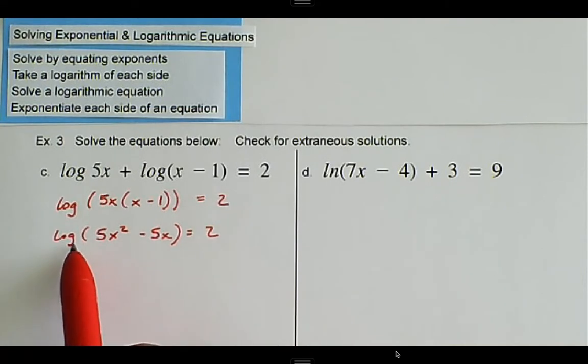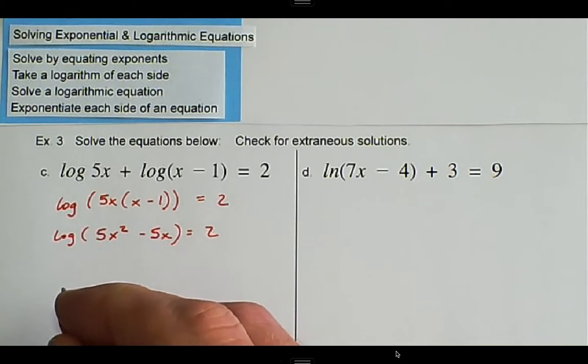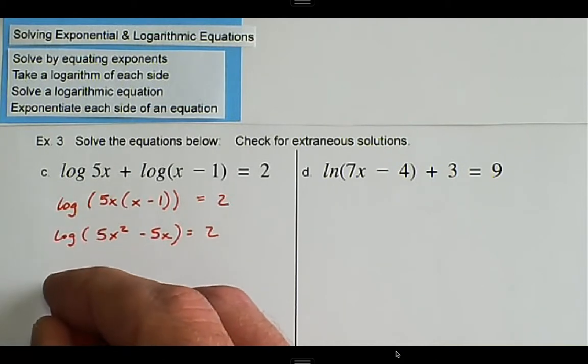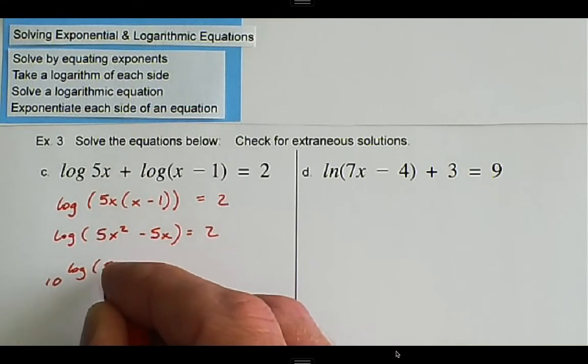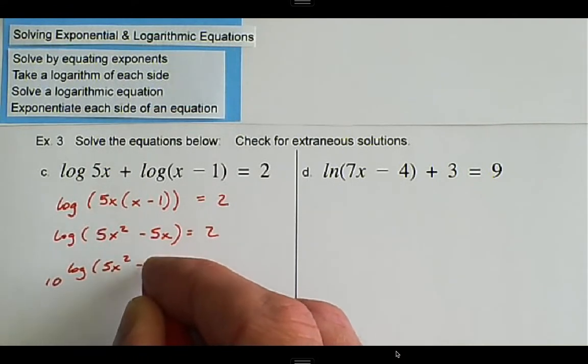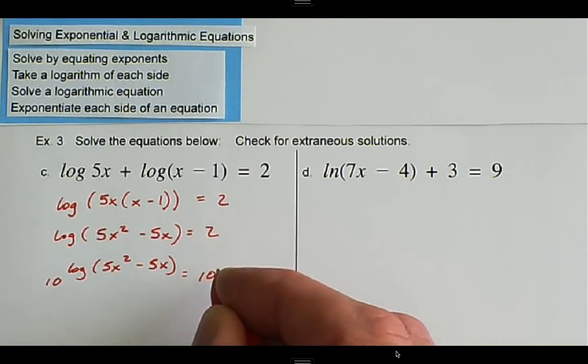This is log base 10, so we want to exponentiate each side by raising it above the number 10. So we'll say 10 raised to the log of 5x squared minus 5x is equal to 10 squared.